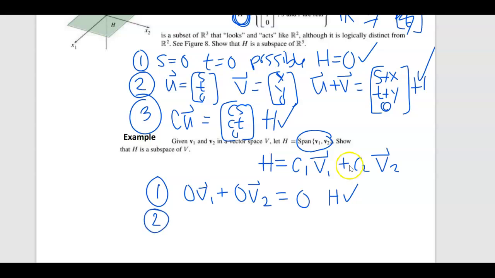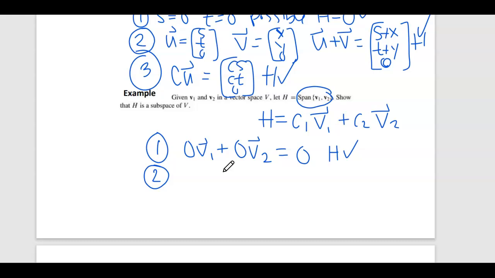All right, number 2, let's set up 2 new vectors. Let u equal c1 v1 plus c2 v2, and let w equal c3 v1 plus c4 v2.